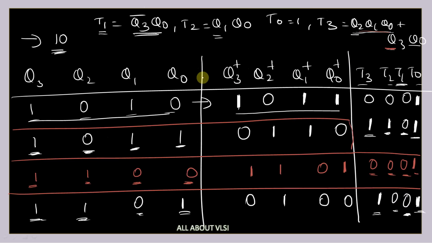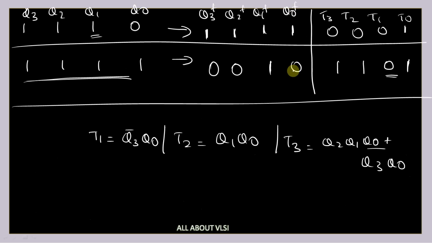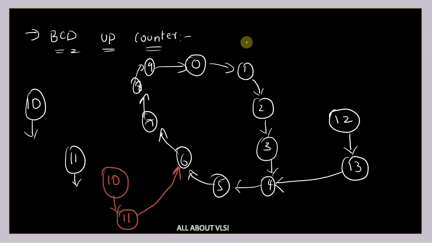That means if you are in your unused state 14, you are going to 15, and after this you are coming back to the state which is nothing but 2, which is a used state.